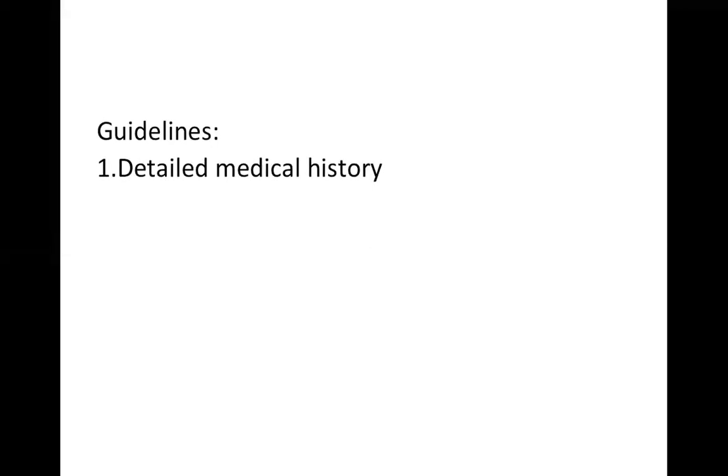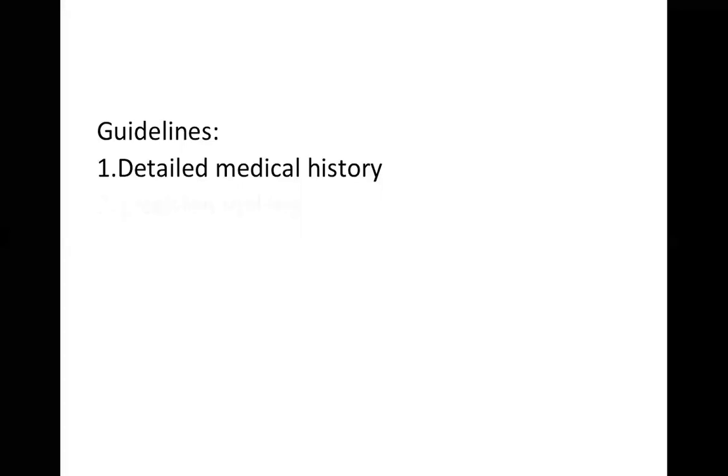The guidelines for giving pre-medications start with a detailed medical history. You should be aware of the child's medical history. Is it clear, or does he have some medically compromised status? So the medical history is always very important before prescribing any drug or medication.